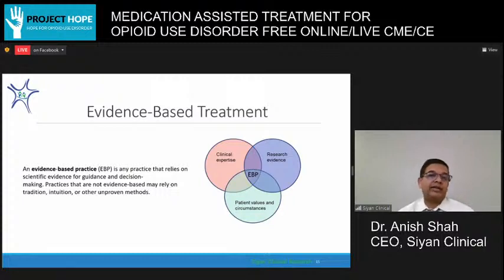The clinicians who work in that program must have clinical expertise to manage opiate dependence issues. And the treatment staff should also take into consideration patients' values and circumstances. When you have a combination of all these positive factors built into a program, that's what I consider an EBP program, which is evidence-based and has the most efficacy in helping patients with opiate use disorders. So all these three components in a treatment program are essential.